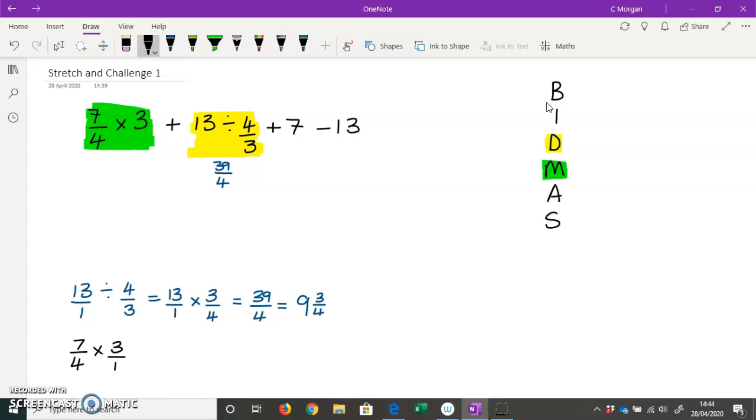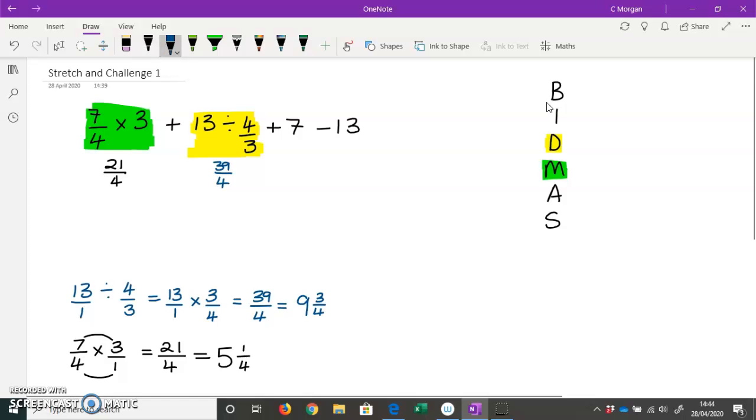Well, I know that means 3 over 1, so I've got 7 lots of 3, because I'm multiplying the numerators, over 4 lots of 1, which is 21 over 4. So let me just write 21 over 4 underneath that part of the calculation. If I think about that in terms of a mixed number, that is going to be 5 1/4.